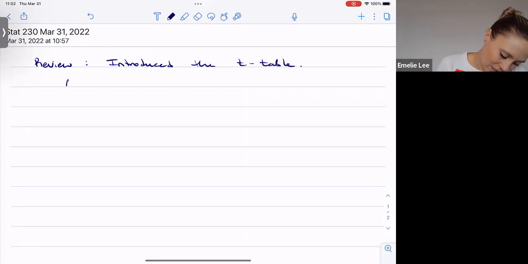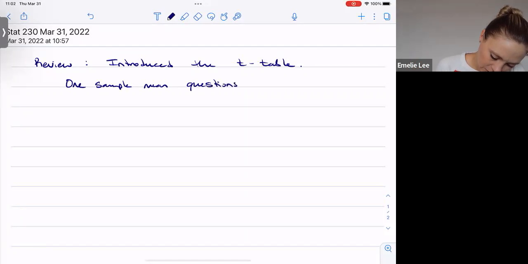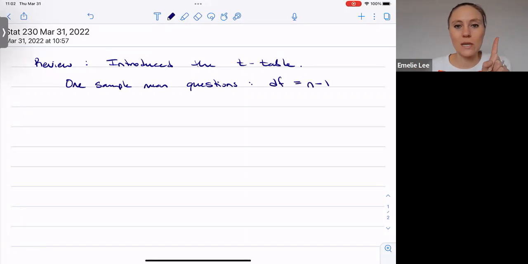So for one sample mean questions, we said that the degrees of freedom is going to be n minus 1. I've only got one sample size and so my degrees of freedom is going to be n minus 1.